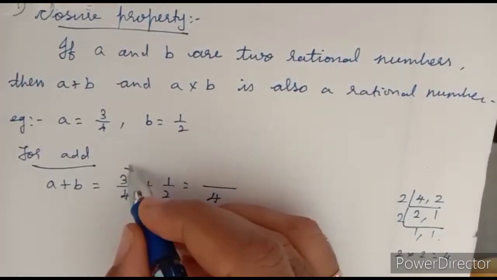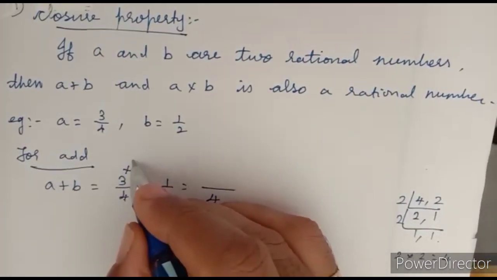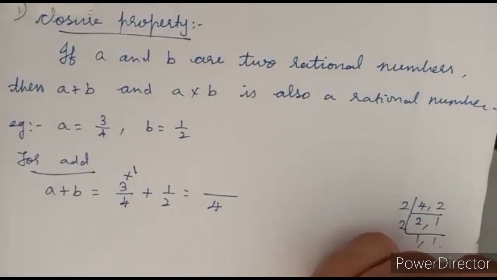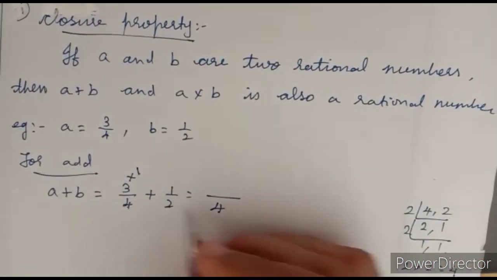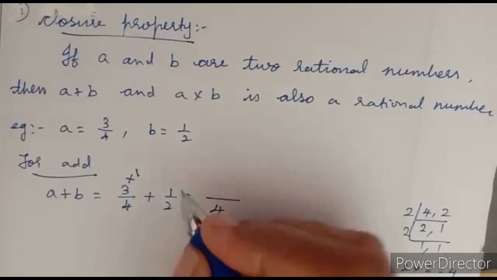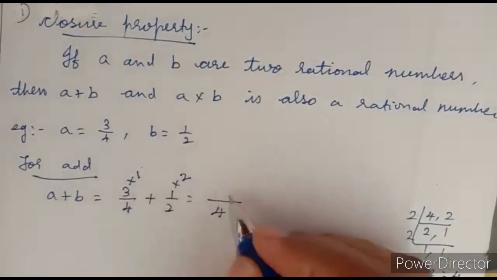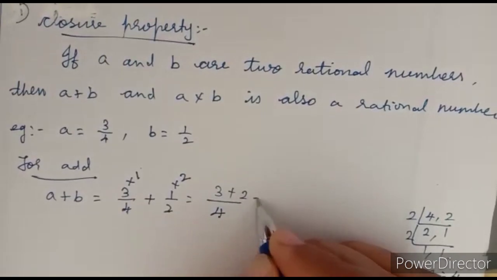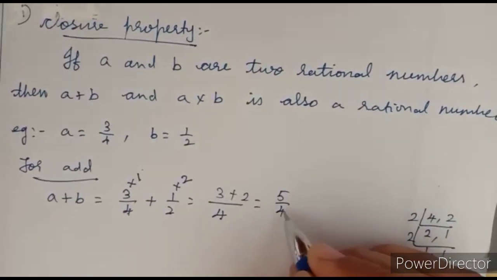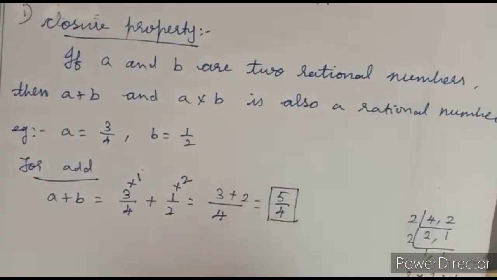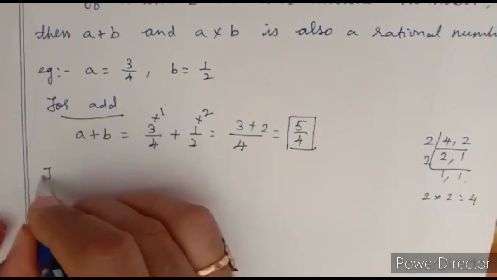That is 1 time. So that number you have to multiply with the numerator. And 4 is divisible by 2, 2 times. So multiply the 2 with the numerator. That is 3 1s are 3 plus 1 2s are 2, which is equal to 5 by 4. 5 by 4 is also a rational number.